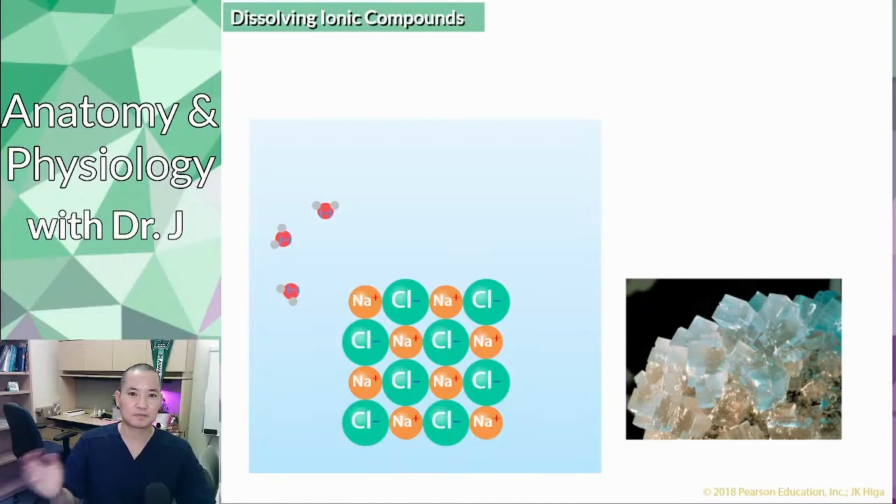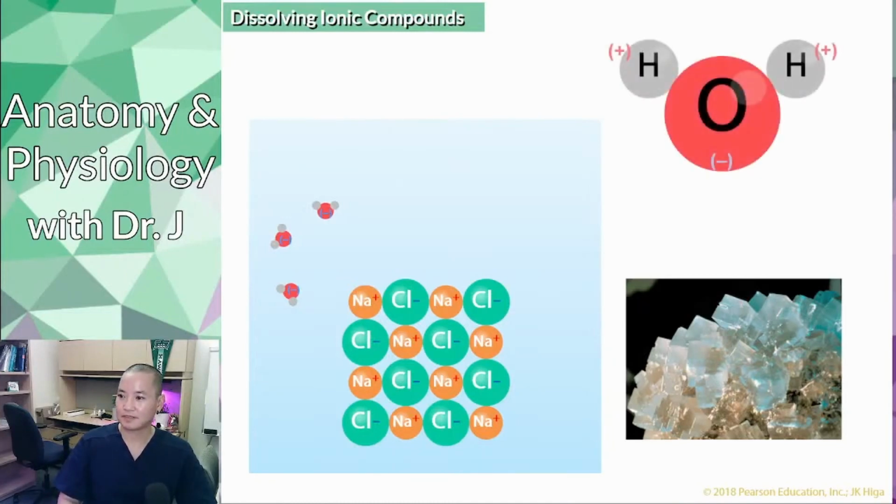So if you throw sodium chloride into water, what happens? This slightly negative charge is going to help break apart the ionic bonds between sodium and chloride. These negative charges on the oxygen atom of water are actually going to surround the sodium ions, forming something we call hydration spheres.